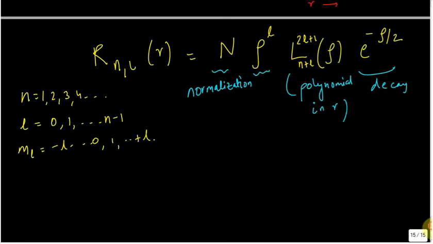Anyway, let's have a look at some of these wave functions. So n is equal to 1, L equals 0. I am talking of the 1s orbital. So the 1s orbital happens to have a wave function given by, does everybody have this?